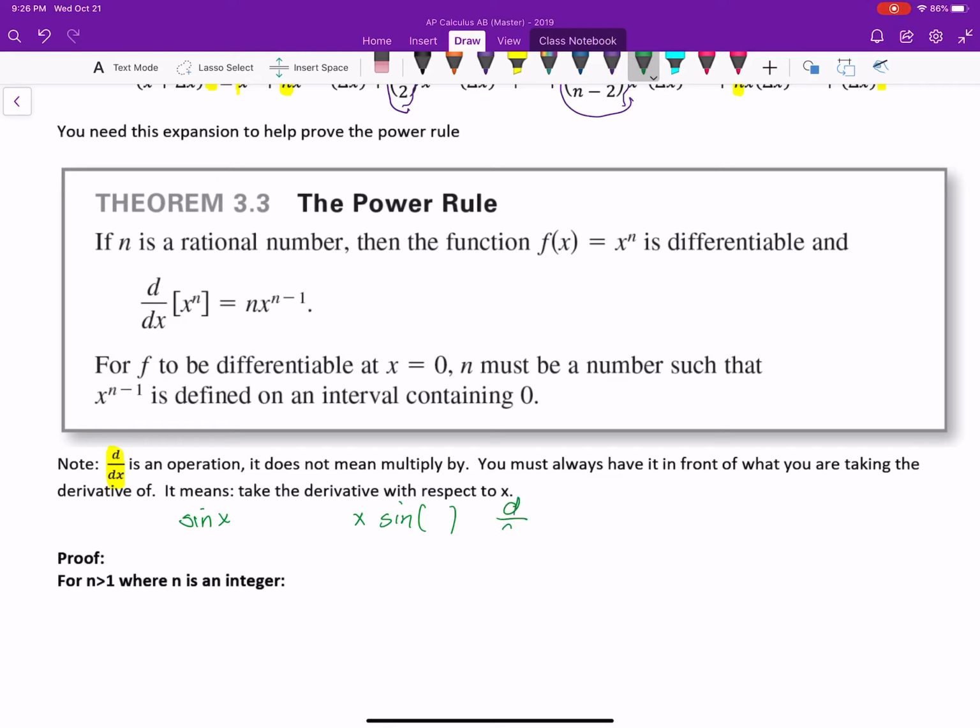You can't do d dx of, let's say, x to the n, and say that's equivalent to x to the n d dx. You cannot write this on the end of it. It is not a multiplication. It is an operation, just like sine is an operation. You take the sine of something. Same thing with d dx. So when you look at this notation up here, it means take the derivative with respect to x. That's how to actually interpret that.